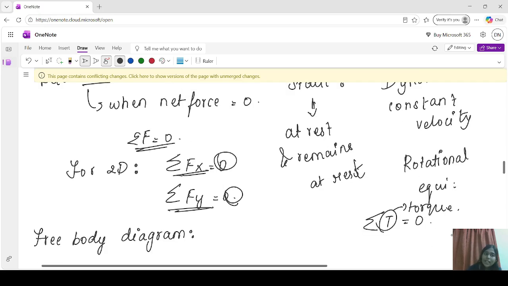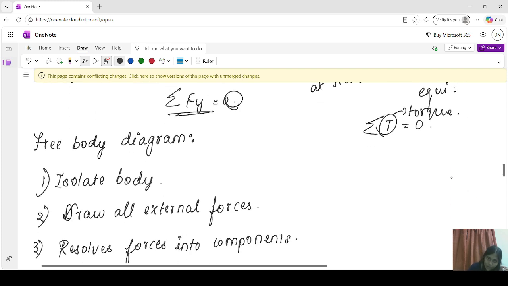Now, the conditions for complete equilibrium are that the net force should be 0 and the net torque should be 0. Let me explain with another example: a seesaw balanced at the center, or a person standing still. All of these are examples of equilibrium. Now, I'll be writing the exact definition of equilibrium here.